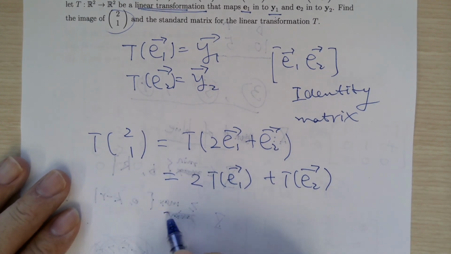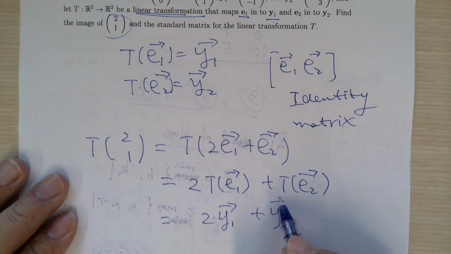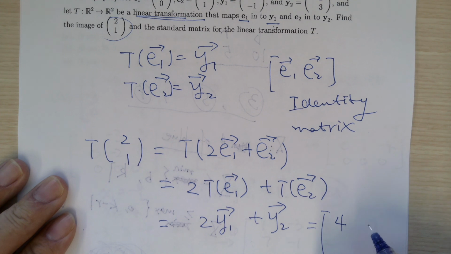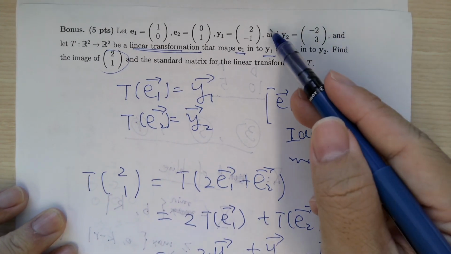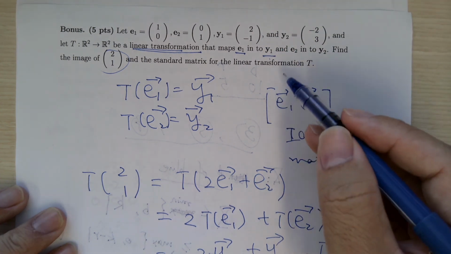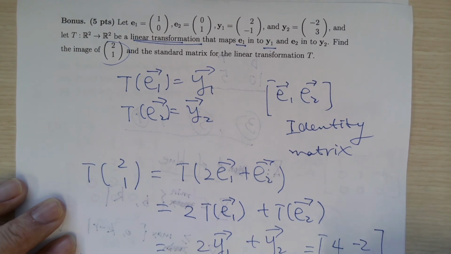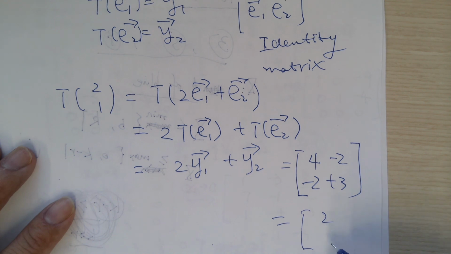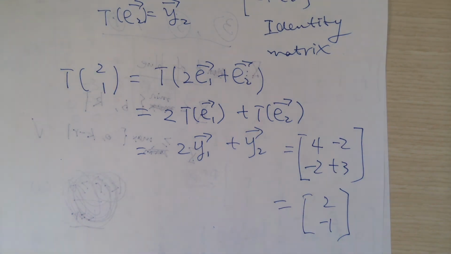And hence, you can easily derive this as 2y1 plus y2, which is 4 minus 2, right? So this is 4 minus 2 because 2 times 2 is 4, plus this one is minus 2, and then it's negative 2 plus 3. So it gives us 2 and minus 1. Okay, so that's it.